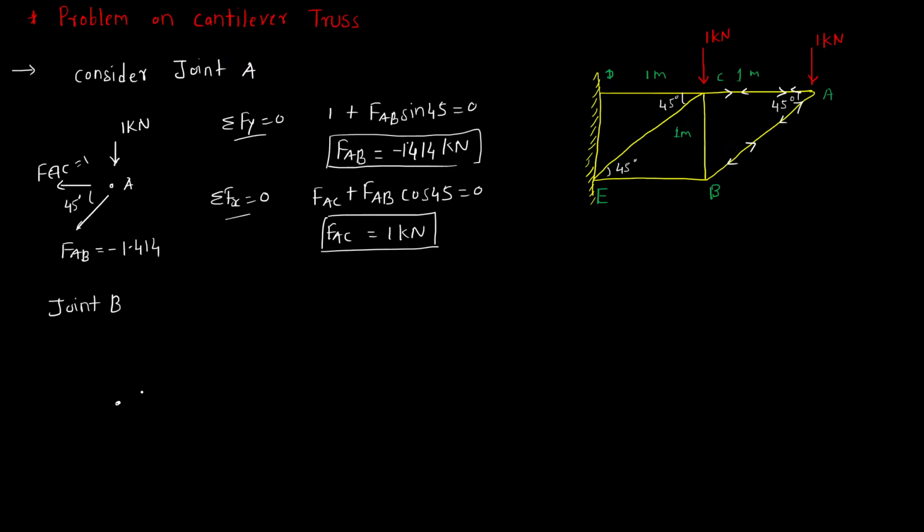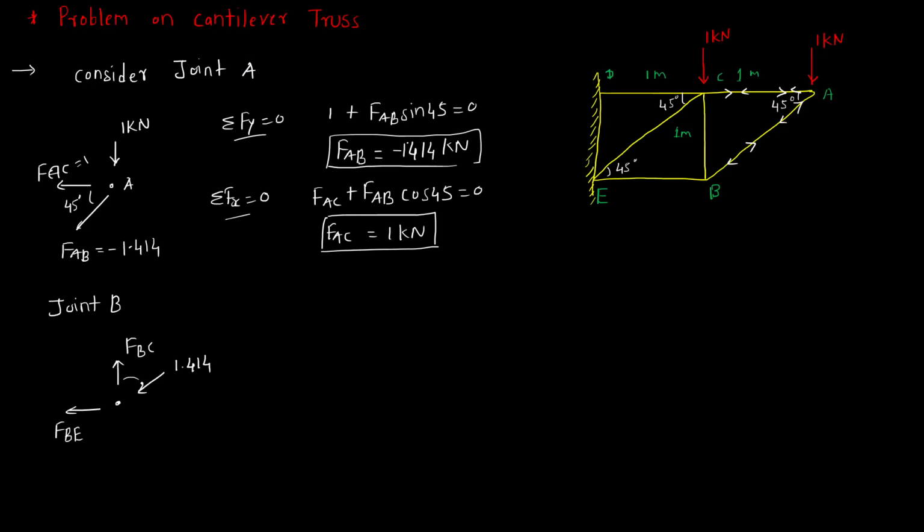So joint B. At B, there is one force, that is FBC, then FBE, and one inclined force, that is FAB, acting, and the value is 1.414.